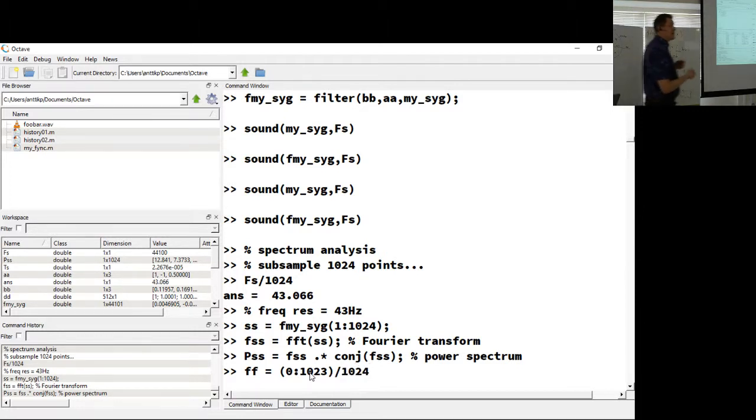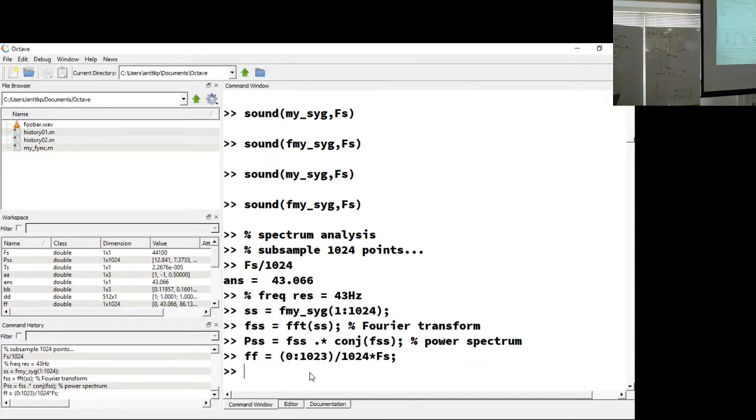So that's normalized to 0 to 1. And my 1 actually is the sampling rate, times Fs. So that's my corresponding frequency axis. So now I have the power axis and the frequency axis. But this is not power yet. If you calculate a power spectrum, this should be transformed into decibels.